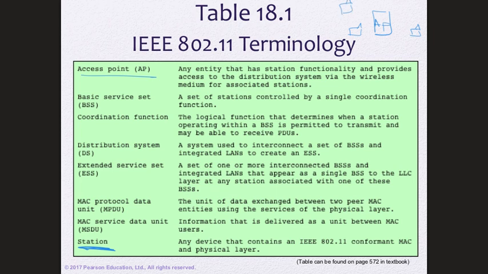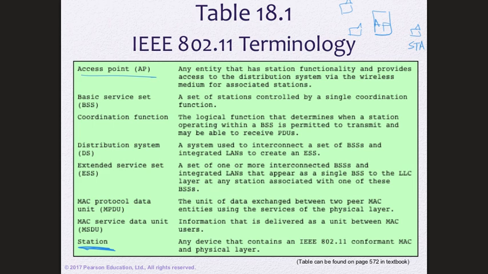Those stations are laptops, computers, iPads, phones that are using the Wi-Fi. So these are called station, STA, and the access point, AP. Those are two key factors of the terminology.